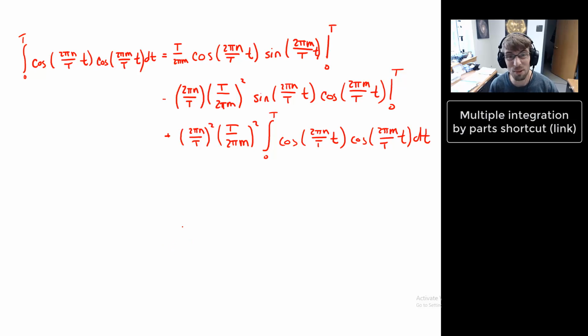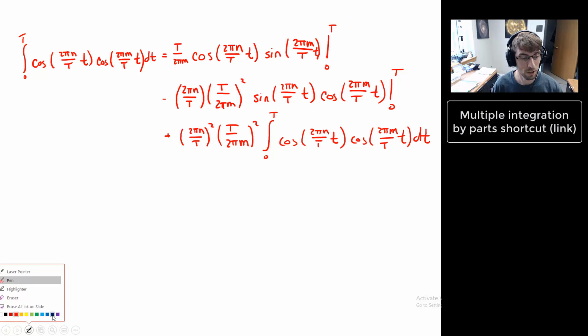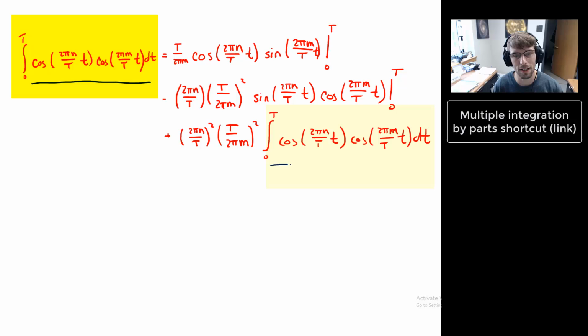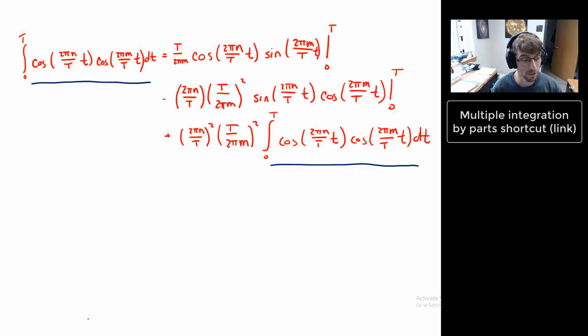Now you might think, hey, we haven't gotten anywhere. We've done a bunch of math. But notice something. This term, which I will underline, is exactly the same as that term with an additional factor in front. So I'm going to move that to the other side. And so we can simplify this.